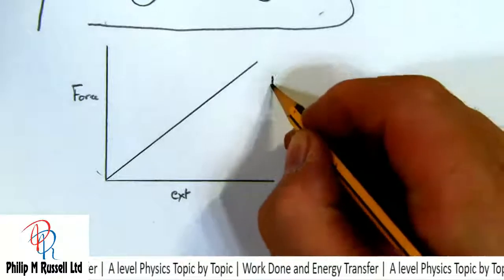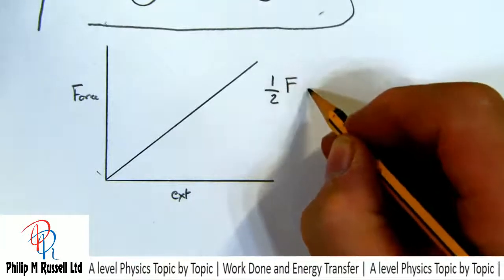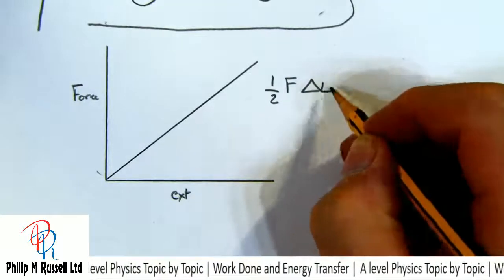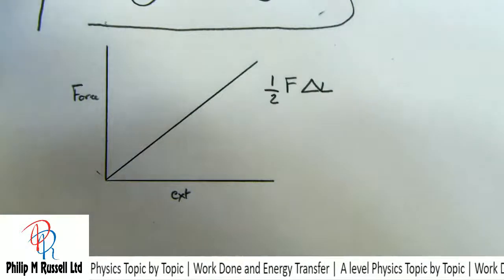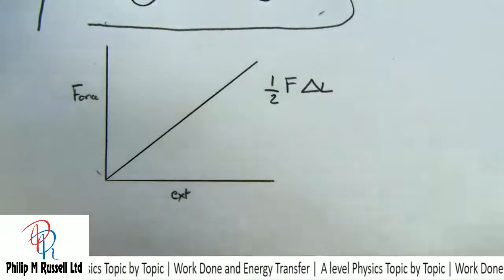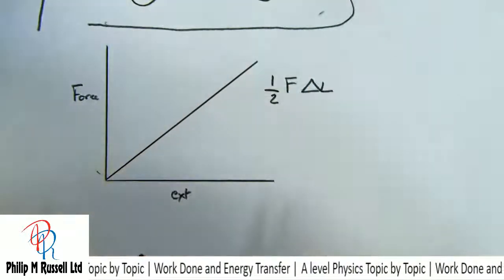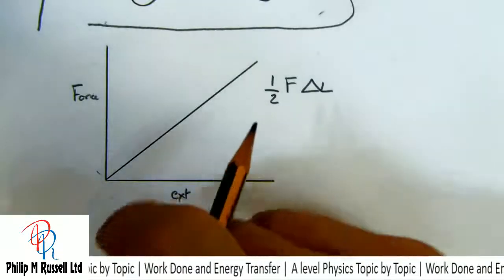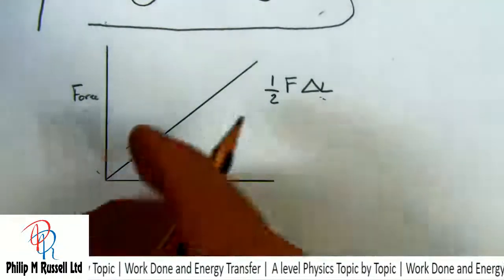Here we know we've got a half F and the change in length. So this delta L represents the work done to stretch a spring to have this amount of extension, the change in length.